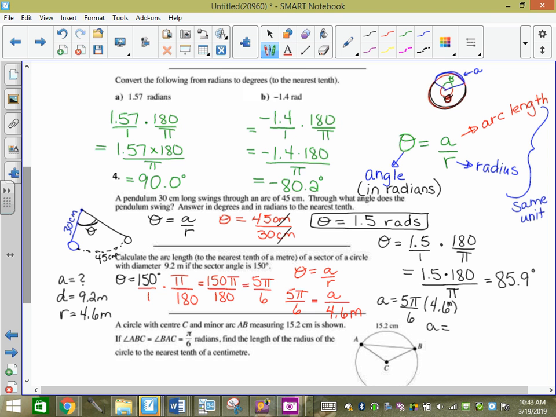So what is my arc length? 12.0? Don't forget units. If you have the unit of one of them, like the radius or the arc length, you have the unit of the other because they have to be the same units. Did everyone get 12.0? Yeah?